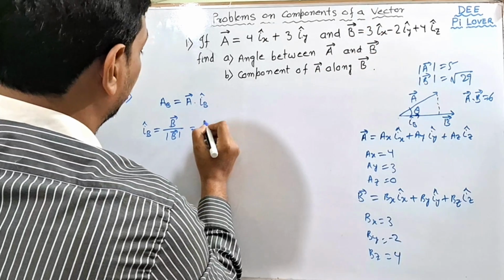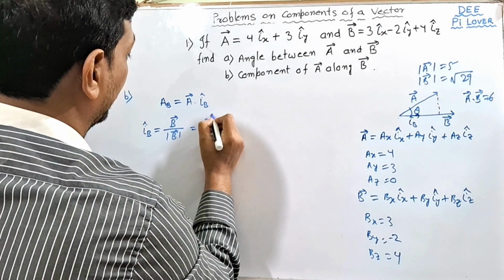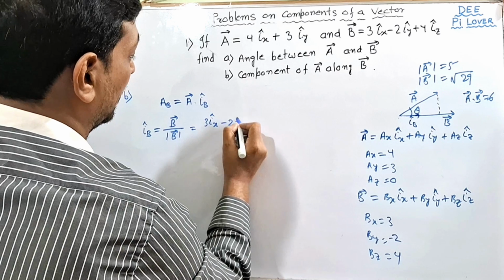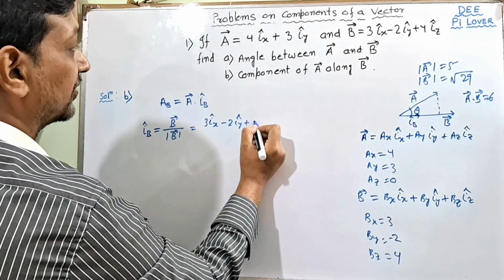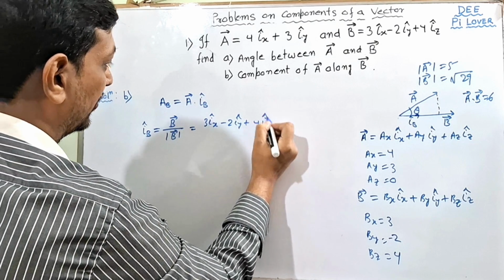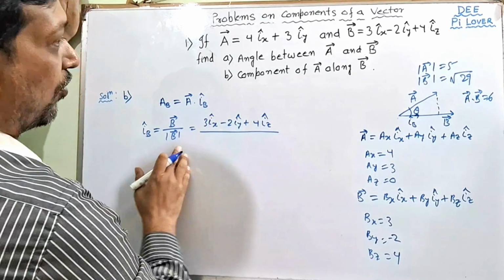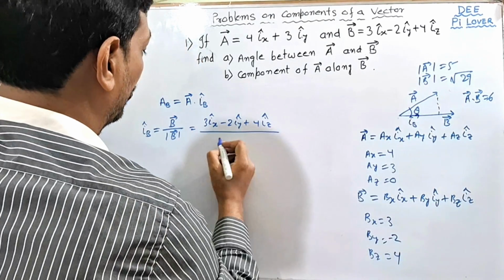B vector is given here, 3 IX unit vector minus 2 IY unit vector plus 4 IZ unit vector, divided by mod B, which we already calculated, root 29.